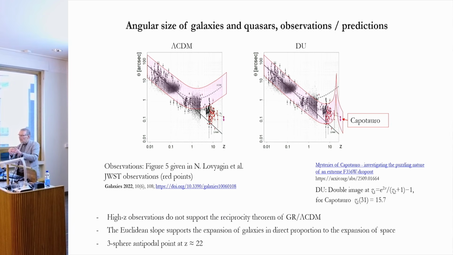Relativity, which is a local theory, requires local conservation, which means that local systems do not expand, because otherwise they are losing gravitational energy. That's a big difference.